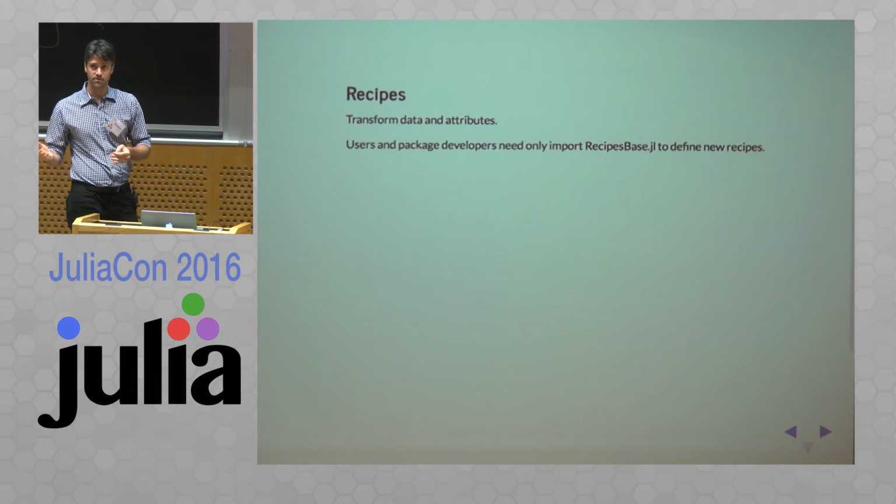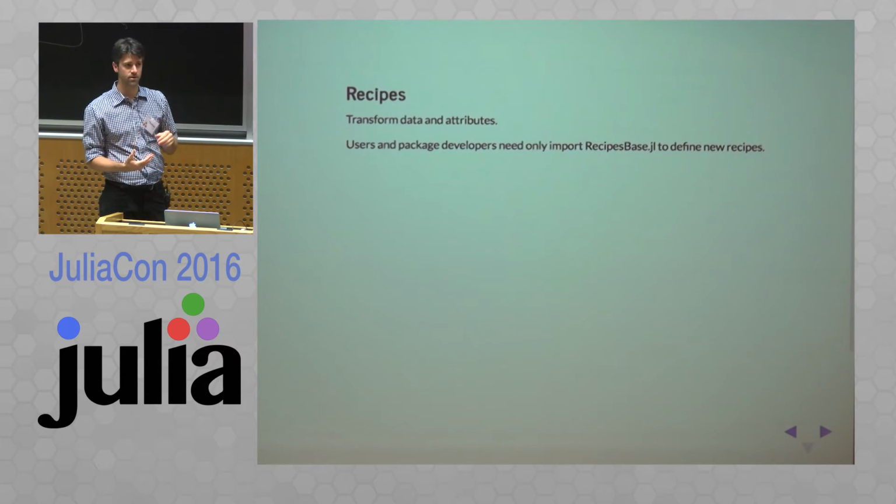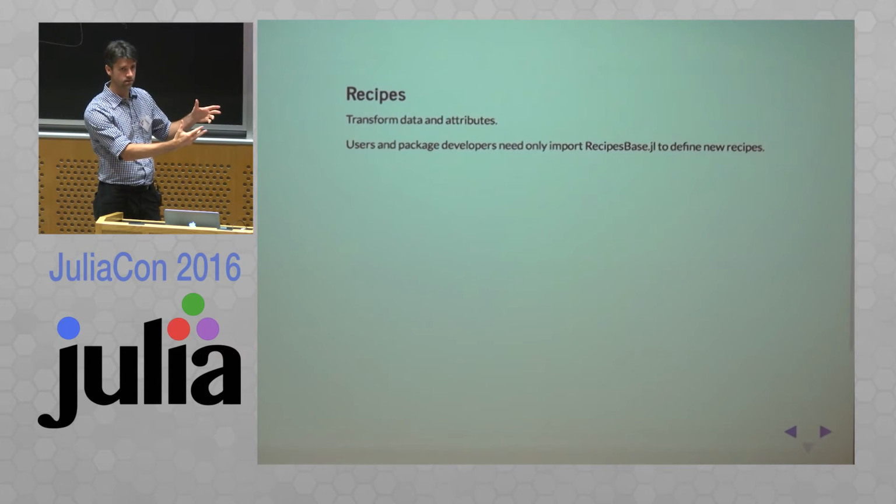So that's an example of a recipe where you're converting one thing, maybe applying a transformation of some sort, maybe changing the attributes that apply to it, and then outputting the result.